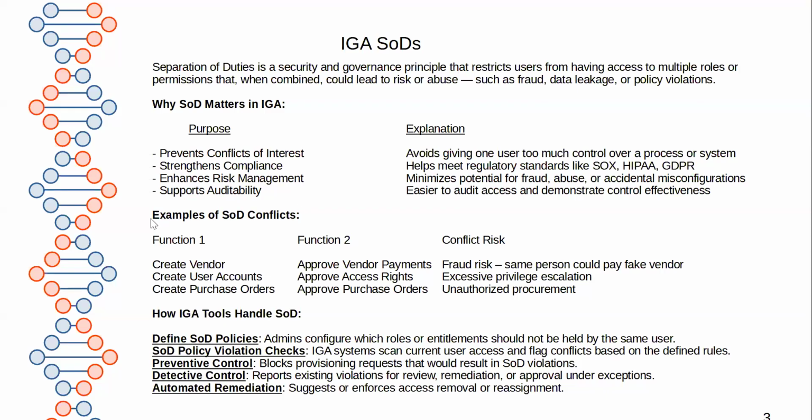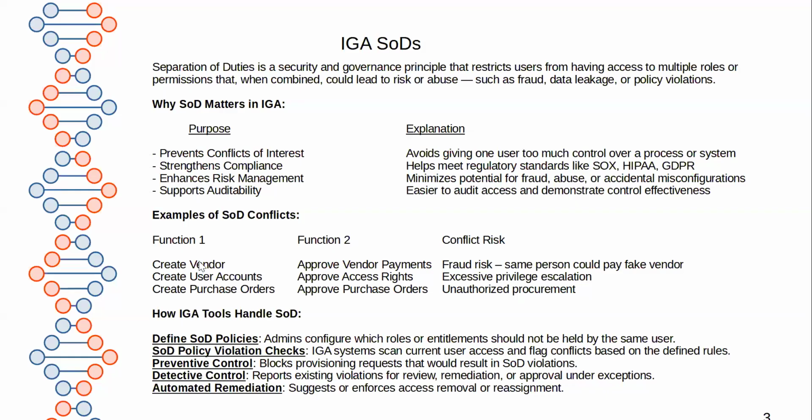Now let us understand examples of SOD. There is a user who can do two types of functions, function 1 and function 2. What could be the conflict which might occur because of these functions? Put yourself in the user's shoes and try to understand.